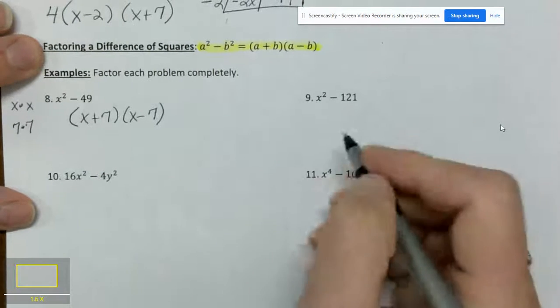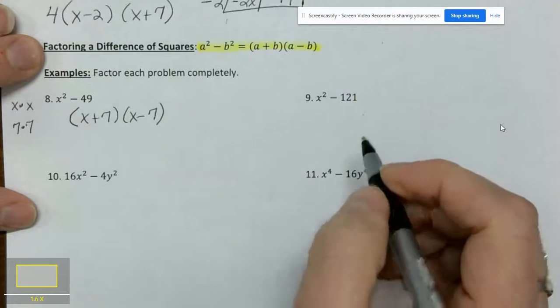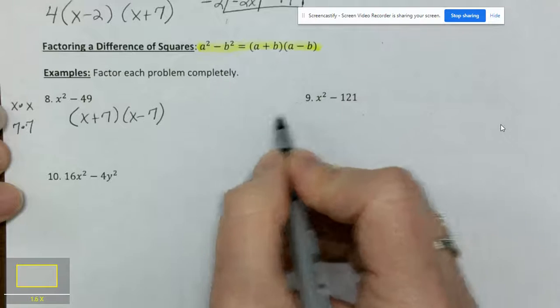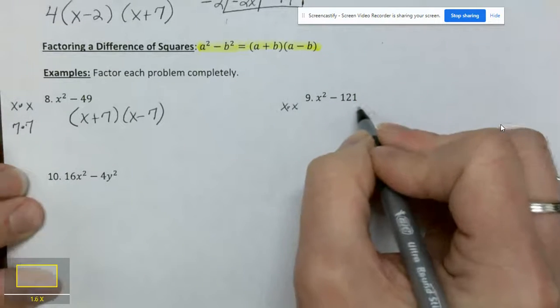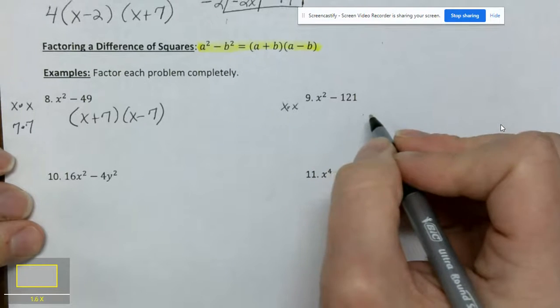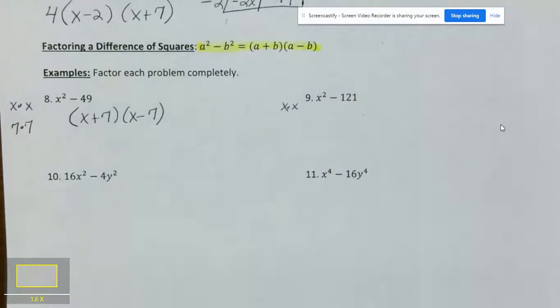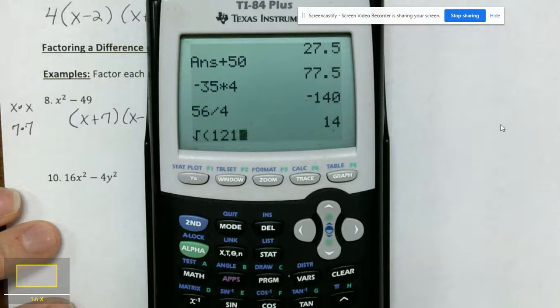Okay, let's look at 9. X squared minus 121. Okay, x squared, that's the same as it was over here. That's x times x. 121. If you don't know, look for it till you find it and see if it's a perfect square. The easiest way to know if something's a perfect square is to take your calculator and do the square root of that number.